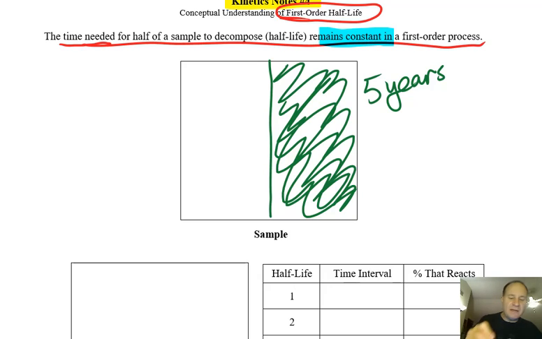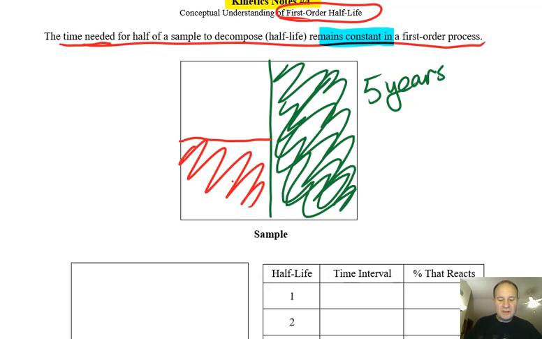What happens is this: 5 years for the green part, half of the sample. Then half of the remaining sample also takes 5 years.